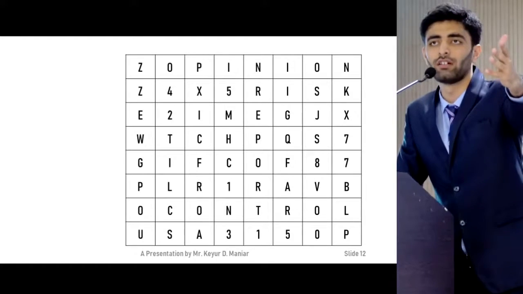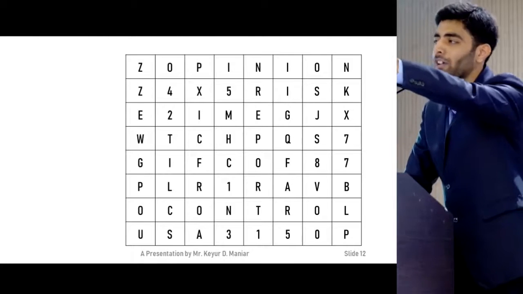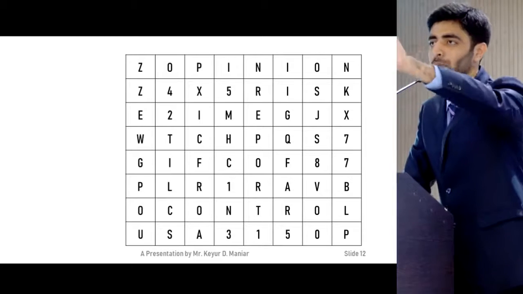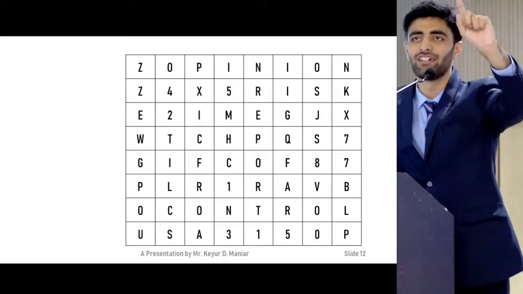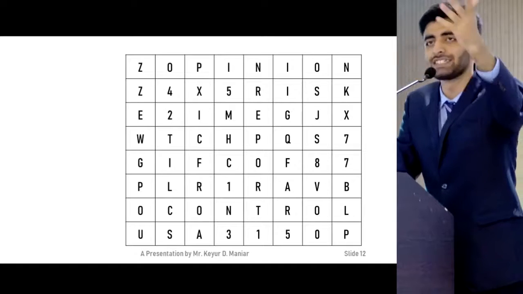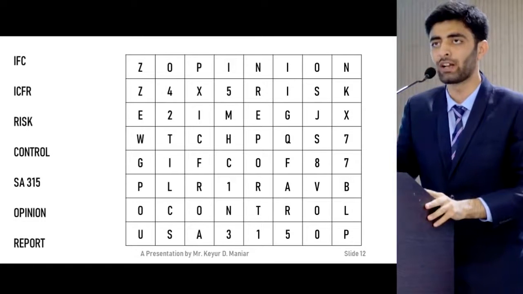Anyone from there? SA 315? Report, you know all the answers, I know. Anyone else? IFC, there's one more word, which is an abbreviation only. Risk is done. ICFR. So we have all the 7 words, and I'd like to quickly summarize.